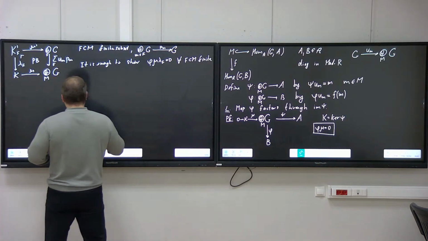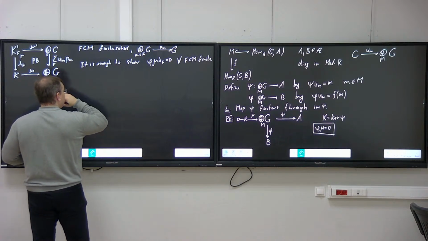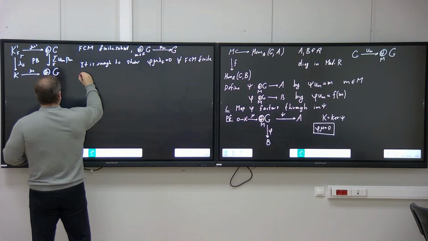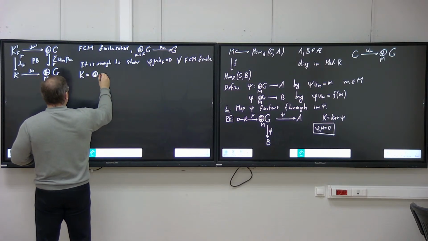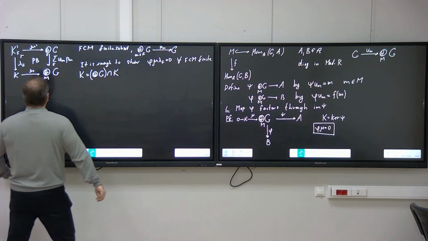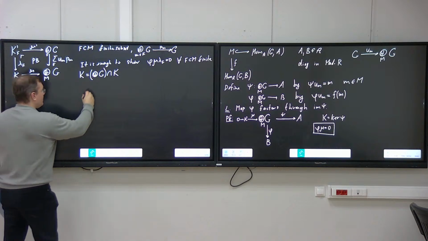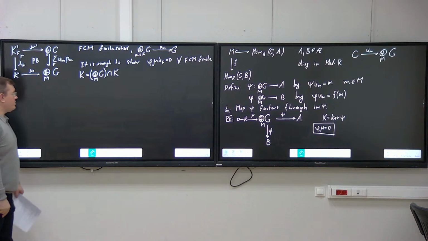Right, this is done by using that we have a Grothendieck category. So first of all, the kernel K, well, I can clearly write this as follows. Right, so that's a sub-object in the direct sum. I intersect the sub-object with the object, I just get the same sub-object.